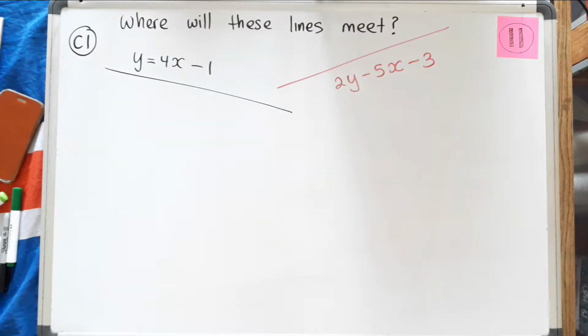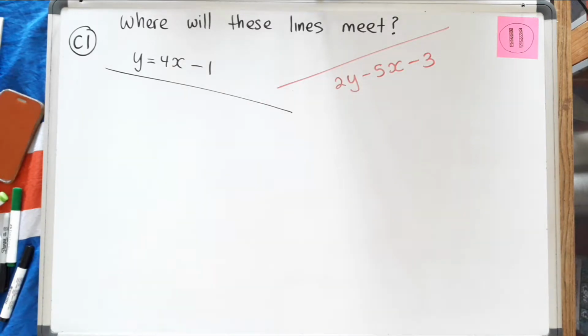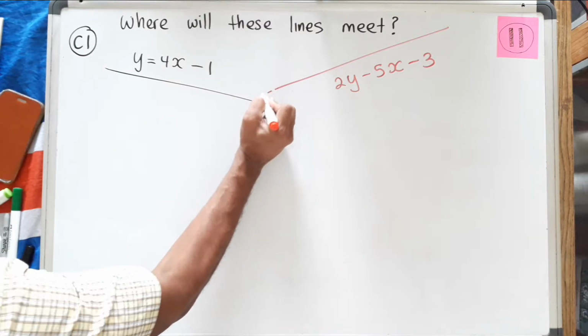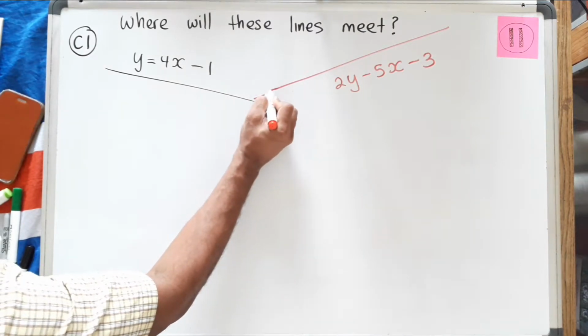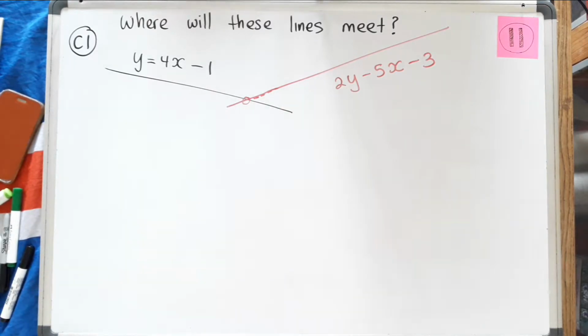Here we have two straight lines. One is black, one is red. Now here's what the examiner was asking. These two lines currently are not touching. You notice there's a space between the lines. However, common sense would tell you that if this red line were to be a little bit longer, like if we were to make it longer, the two lines would meet at that point.